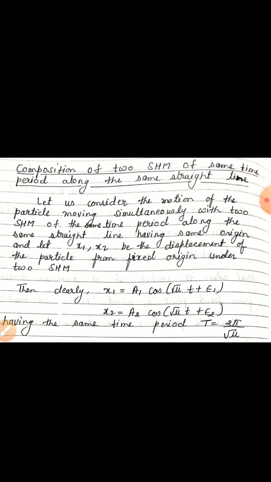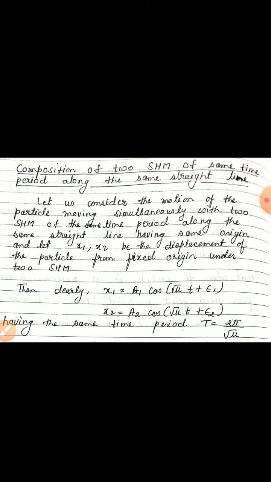So, let us consider the motion of a particle moving simultaneously with two SHM of the same time period along the same straight line, having the same origin, and let x1 and x2 be the displacement of the particle from the fixed origin under the two SHM.